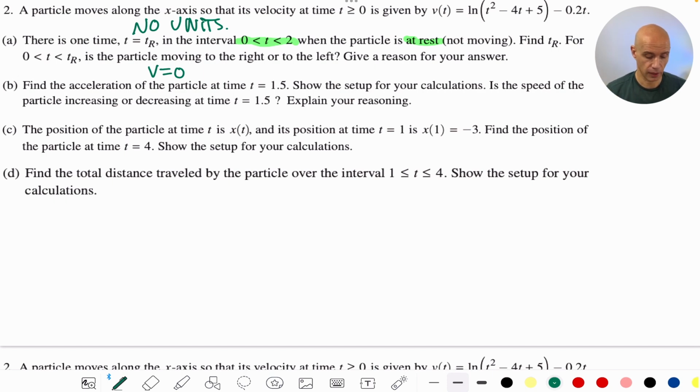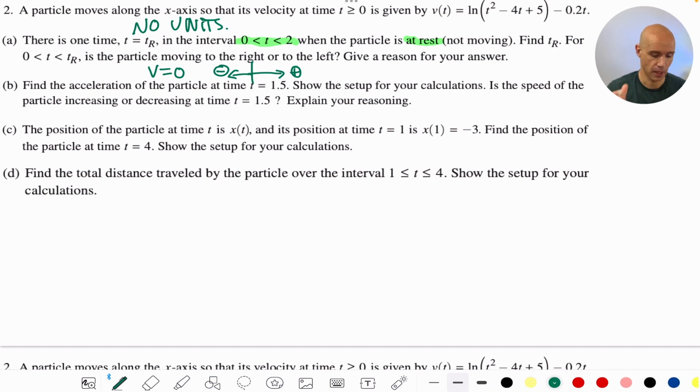Then the next thing will be if it's moving to the right or to the left. We will be using here the usual convention of mathematics that an x-axis pointing to the right is positive and negative to the left. So if the speed is positive in that interval, it's moving to the right. If it's negative, it's moving to the left.